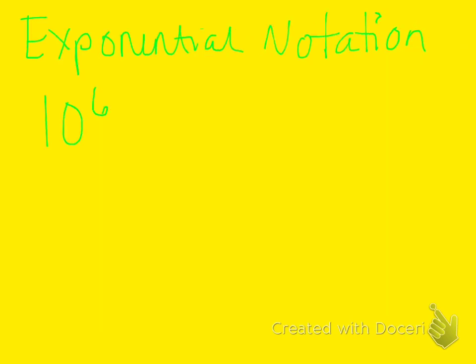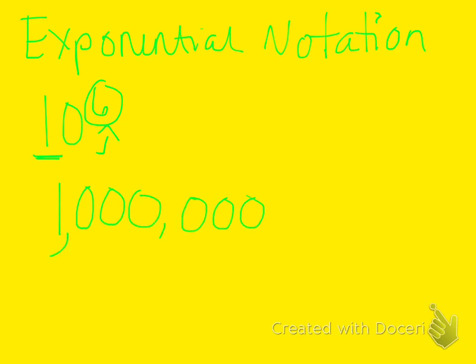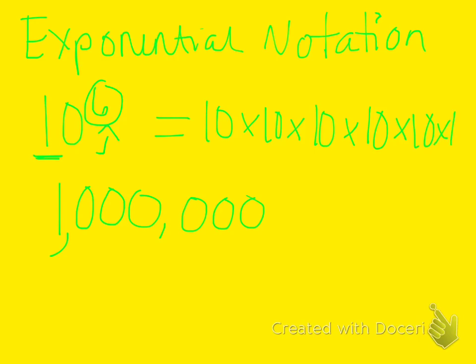If we were writing 10 to the 6th power, we copy down our base number and we're going to add 6 more zeros. 1, 2, 3, 4, 5, 6. So 10 to the 6th power is equal to 1 million. And again, that's just taking 10 times 10 6 times. So that's what our exponent tells us. 6 times.